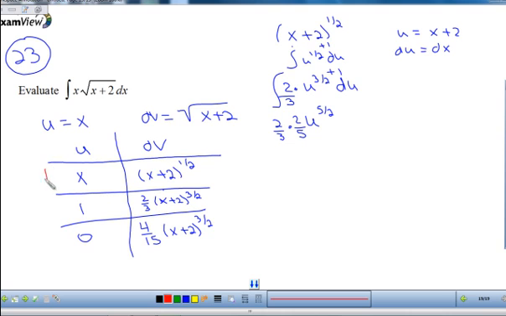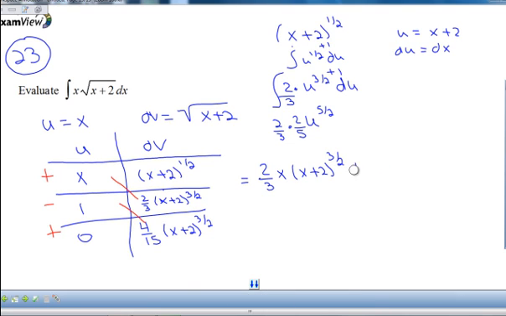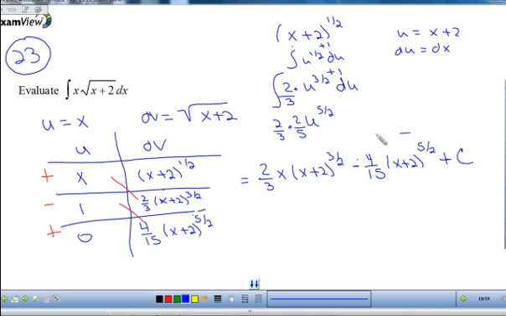Now I'm going to have plus, minus, plus. So my answer is going to be 2/3 x times x plus 2 to the 3/2 minus 4/15 times x plus 2 to the 5/2 plus c.